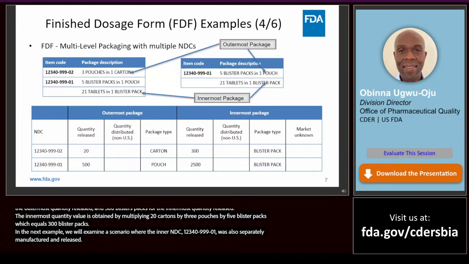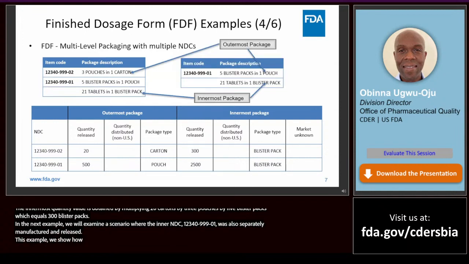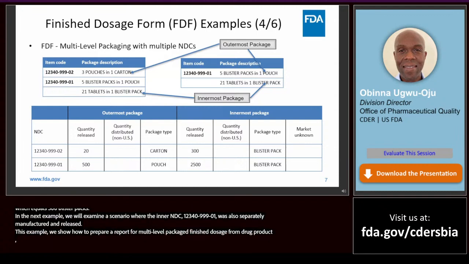This example will show how to prepare a report for multi-level packaged finished dosage form drug product, where an inner package also had an NDC assigned and was separately manufactured and released for the calendar year.